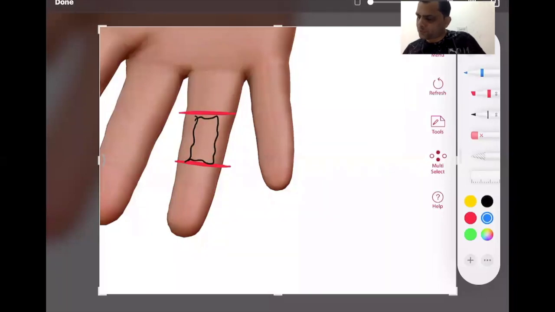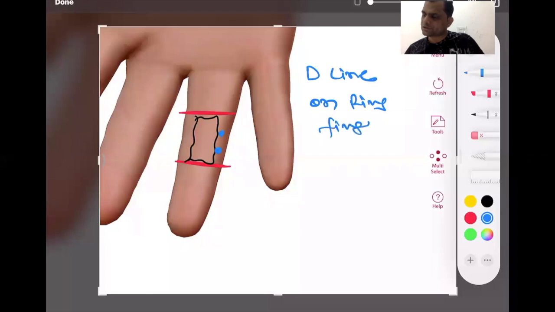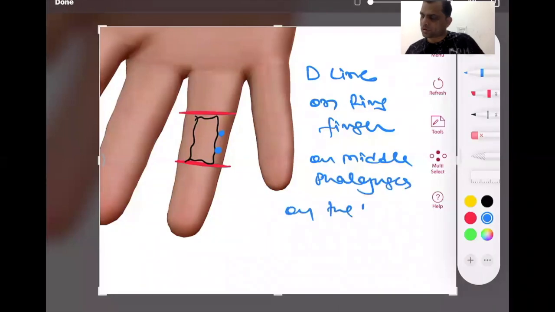On the border of the phalangeal bone, we insert 2 needles on the small finger side. So as per the master's term, this is the D line on the ring finger, on the middle phalanges, on the border of bone.